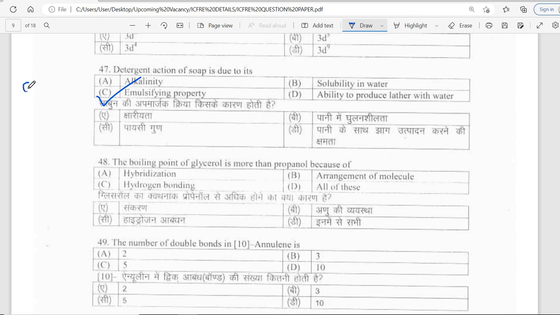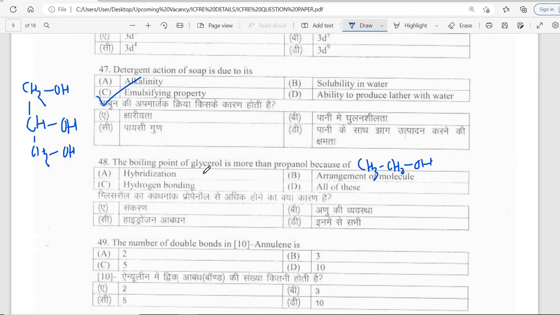The boiling point of glycerol is more than propanol, because, for that, we have to know the structure. The structure of glycerol is CH2OH, then CHOH, and on the downside CH2OH. Propanol has the structure CH3CH2CH2OH. Boiling point depends on the amount of hydrogen bonding.